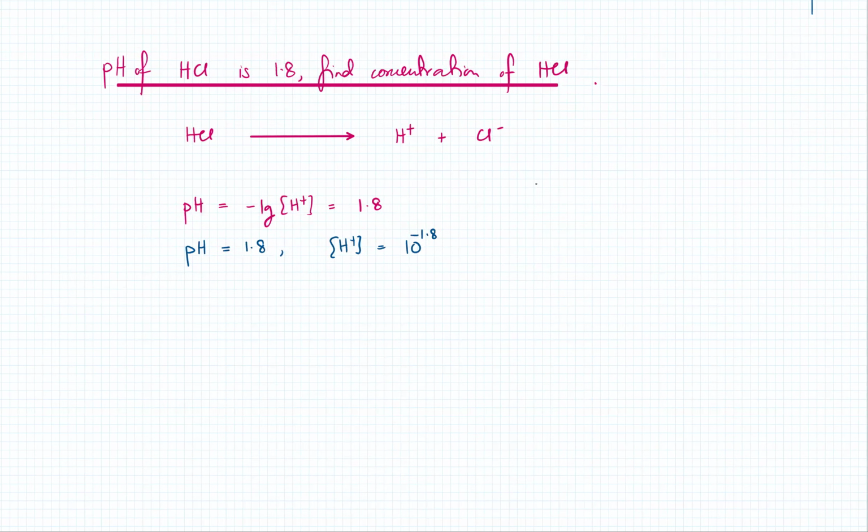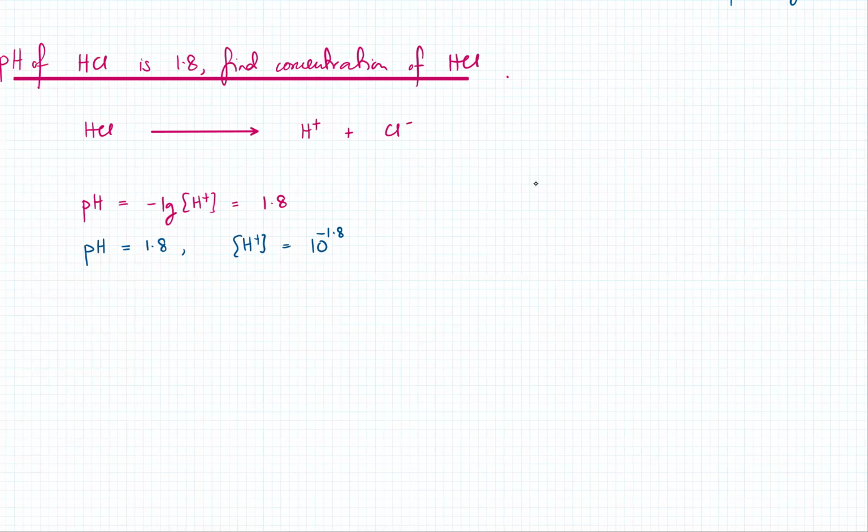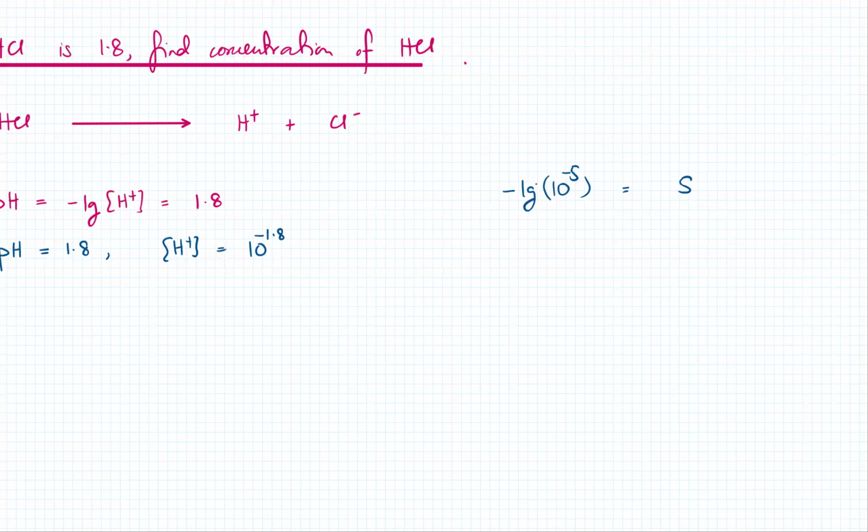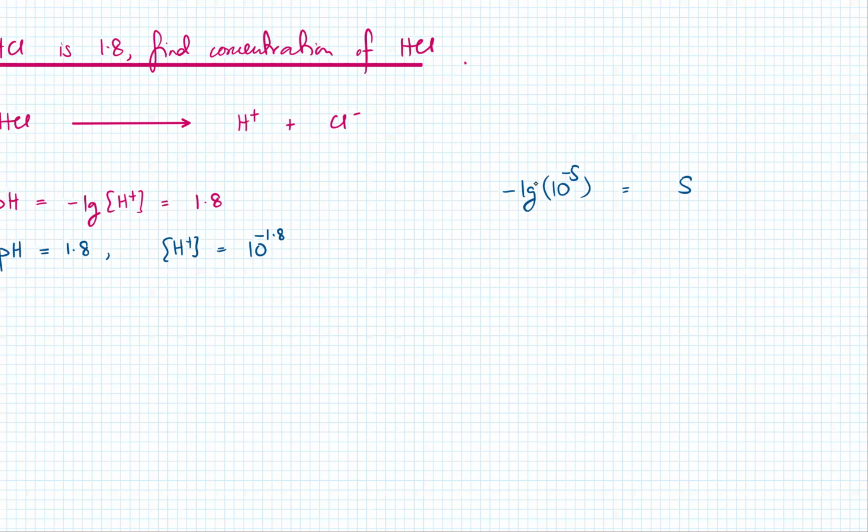I'm going to do this in a simple way first. What's the negative log of 10 power minus 5? What do you get? 5, right? Is that clear? So that means negative log is what?